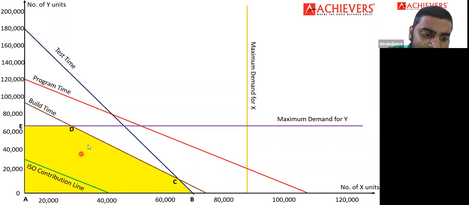When you move upwards like this, the last point, right? Now there are how many corners, how many points in the feasible region? You have A, B, C, D, E. So out of these 5 corners, the final corner that is getting cut by the iso contribution line is your optimum production point.